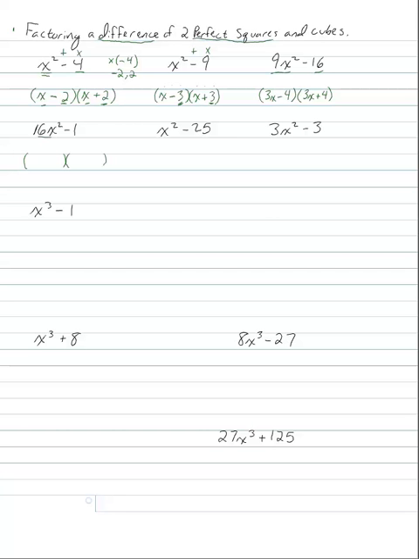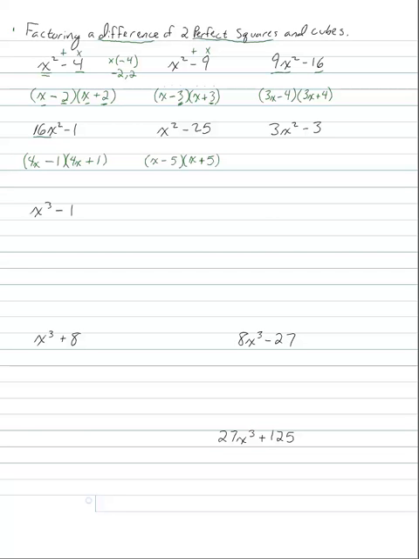Square root of 16 would be 4, square root of x squared is x, so 4x. Square root of 1 is 1. So 4x minus 1 and 4x plus 1. Try the next one. x squared minus 25, square root of x squared is x, square root of 25 would be 5, so x minus 5 and x plus 5.